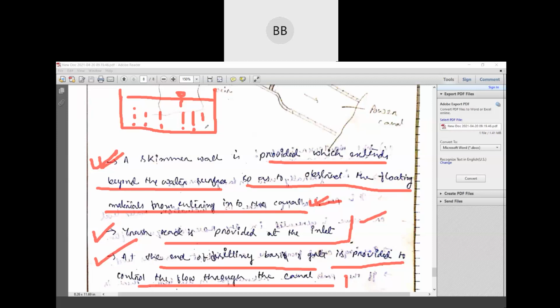Then the water is allowed to go out from the upper portion of the basin, since the outlet of the basin is above. In the lower portion, the sediment is allowed to settle at the bottom of the basin. So this is nothing but your desilting basin. It is used to remove silt.